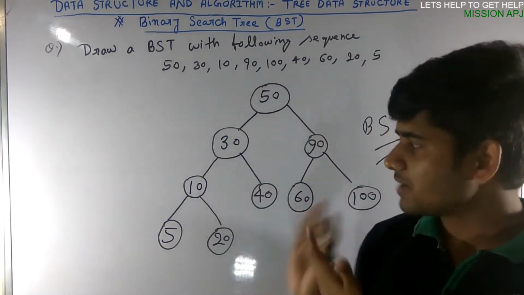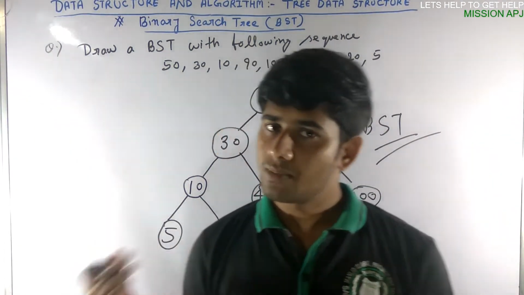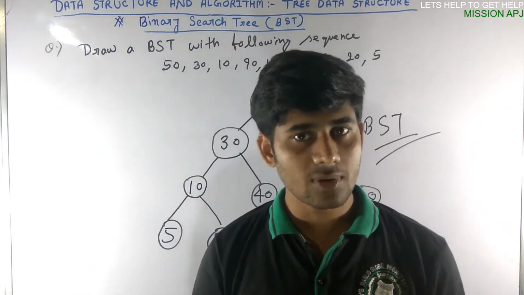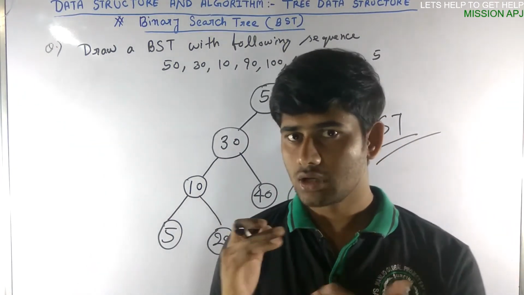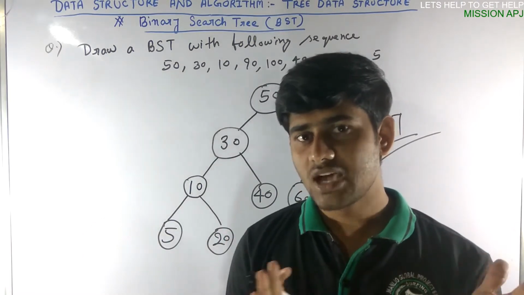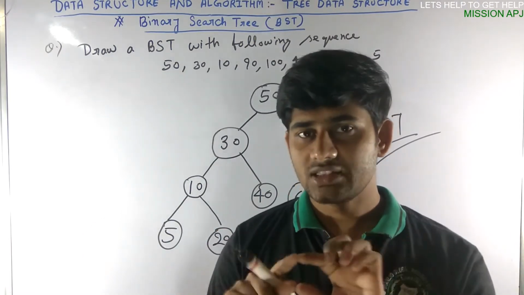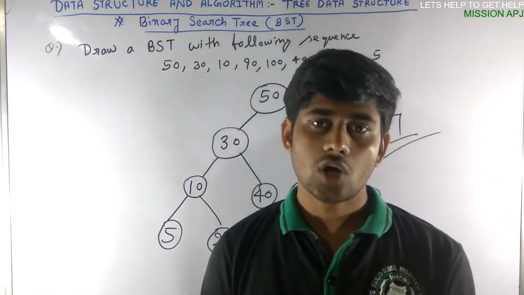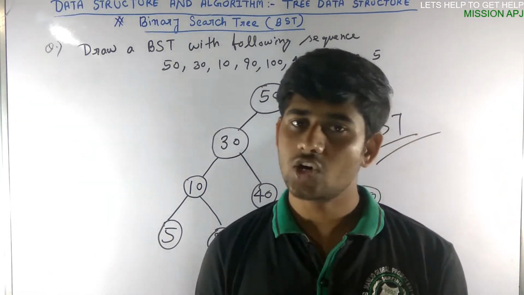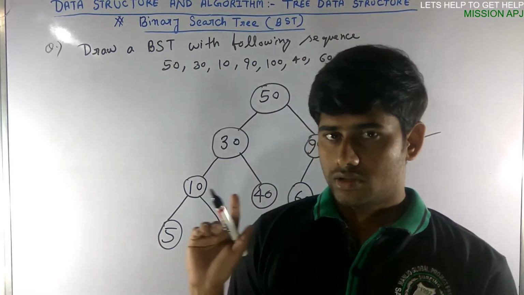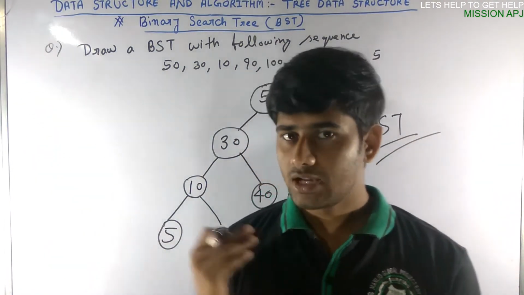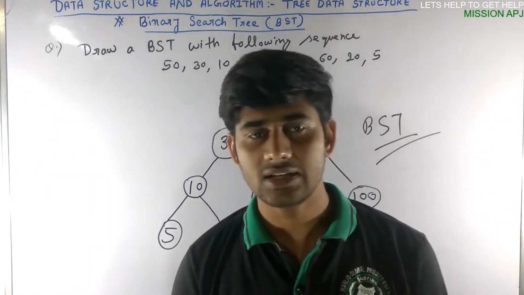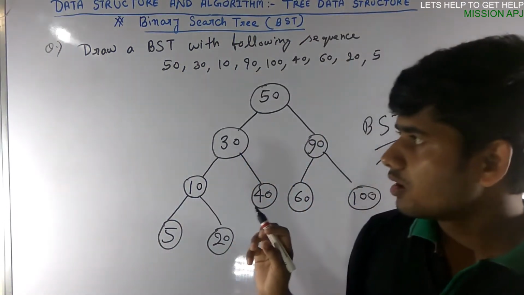So when we traverse this binary search tree in inorder manner, and mark which node is visited first in the sequence, we find that the sequence obtained is in increasing order. So it is sorted, of course.